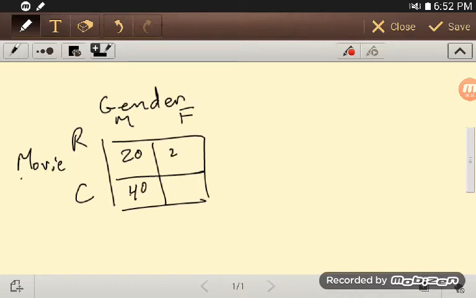But then just the opposite here, say 40 female chose romantic and 20 chose the comedy. And we can still add up here. We see there's 60 and 60 and 60, and this time we only ask, I guess, 120 people.